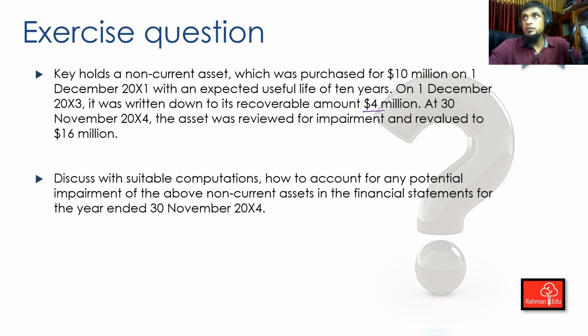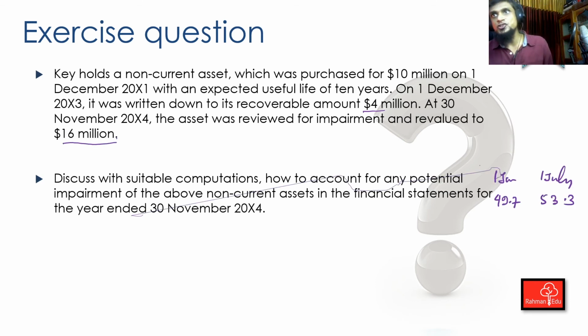So we got the cost, $10 million, 10 years life, and then impairment happened down to $4 million. At 30 November 2004, the asset was reviewed for impairment and revalued to $16 million. So the asset's value increased substantially. Now we need to discuss with suitable computation how to account for any potential impairment of the above non-current asset.